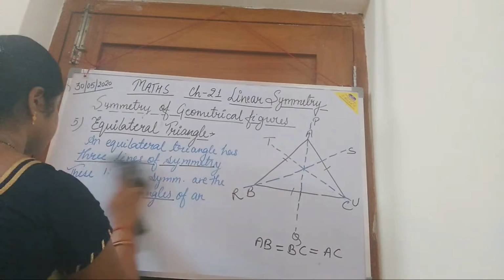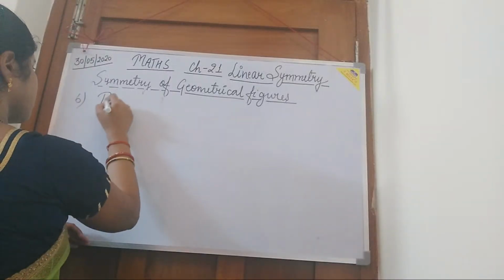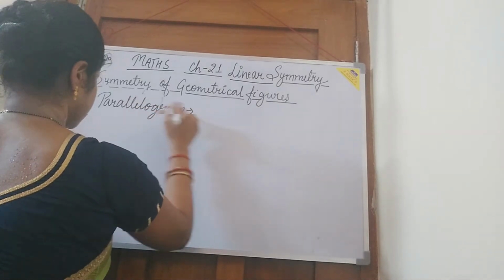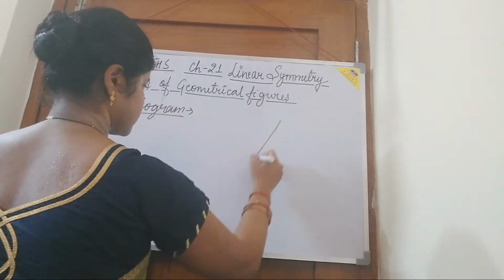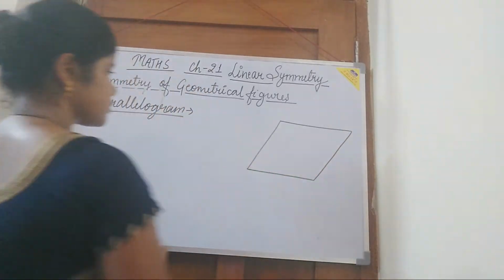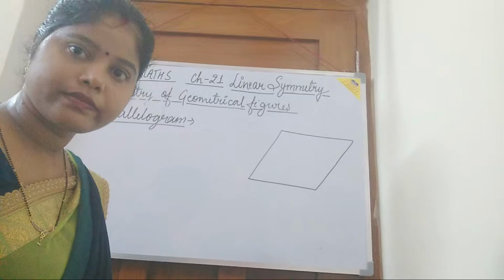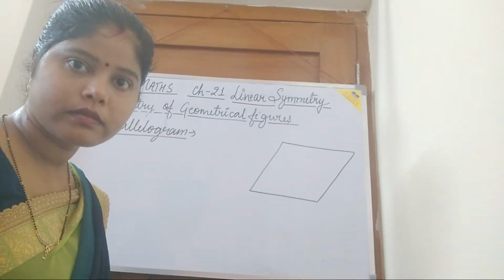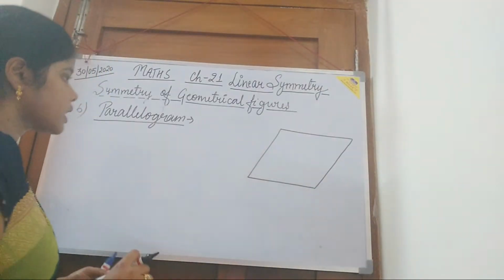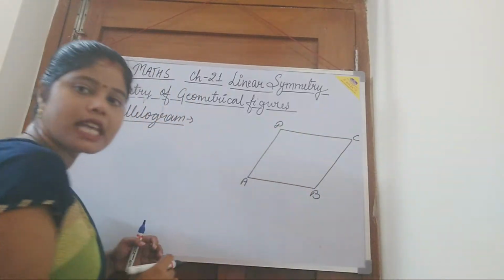Parallelogram. So in this parallelogram ABCD, each pair of opposite sides are parallel.